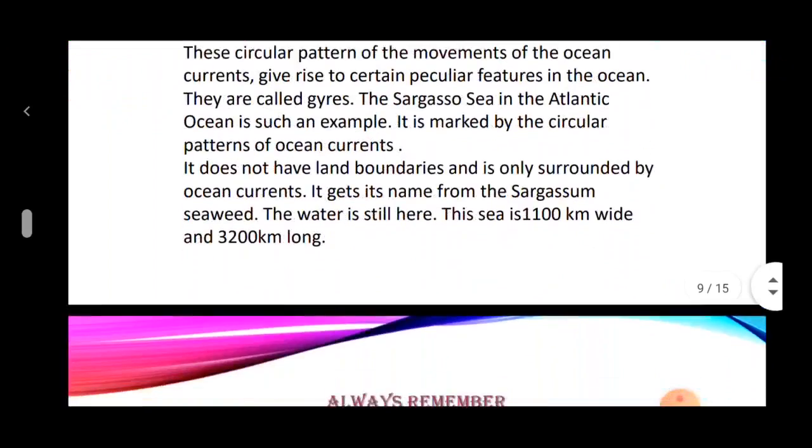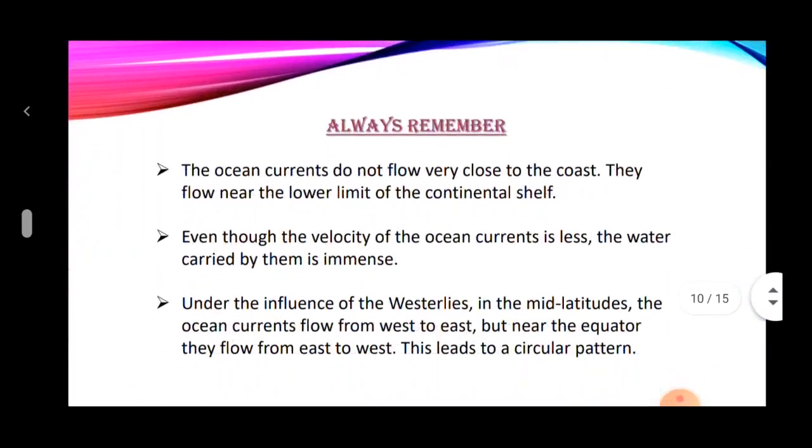Here you have to always remember that the ocean currents do not flow very close to the coast, as they flow near the lower limit of the continental shelf. And even though the velocity of the ocean current is less, the water carried by them is immense.